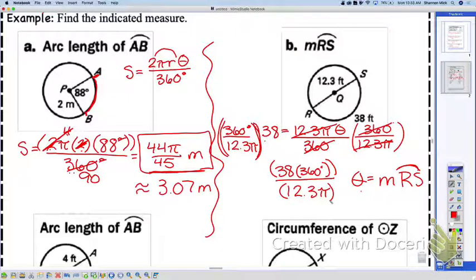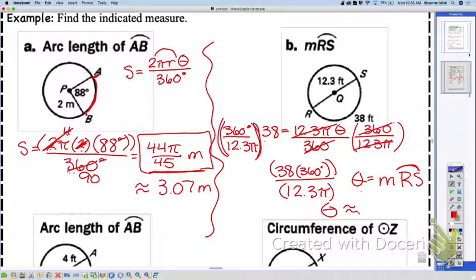If you do not do those, your calculator knows the order of operations, and it would divide 360 by 12.3, multiply your answer by 38 and then multiply the answer by 3.14, and that's not what we want to do, is it? Parentheses.